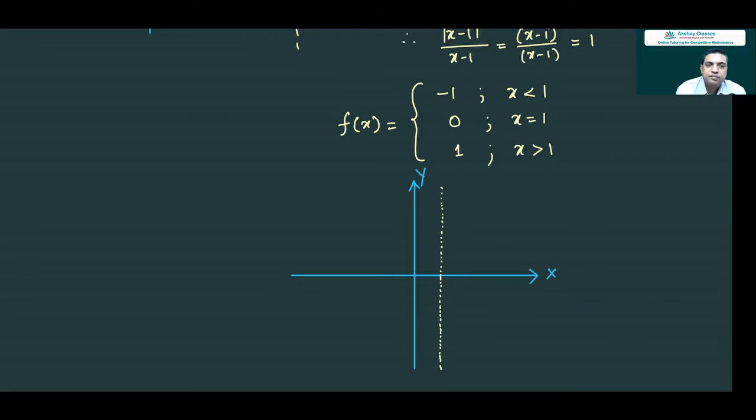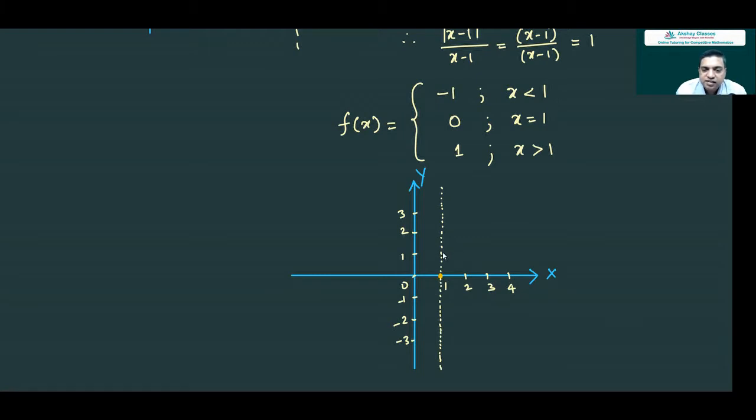Here this is 1, say this is 2, 3, 4, 0, 1, 2, 3, minus 1, minus 2, minus 3, and so on. So when x is equal to 1, the function value is 0.